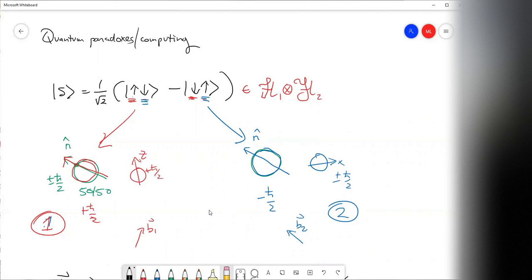Imagine opening the box a certain way reveals an orange, and depending on how you open that box, the other person, if they open the box in the same way, gets the opposite result, right? But if you open your box in some other way, and the other person opens the box in another way, then they're not necessarily opposite of each other. That's the weird part. It's as if the two shoes know which way the person is opening the box.